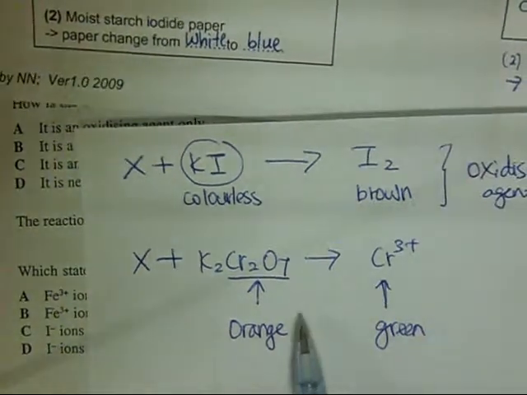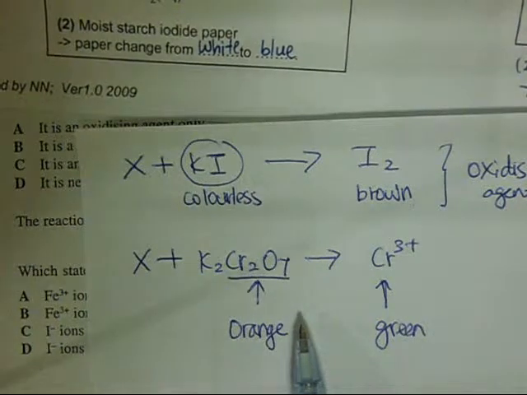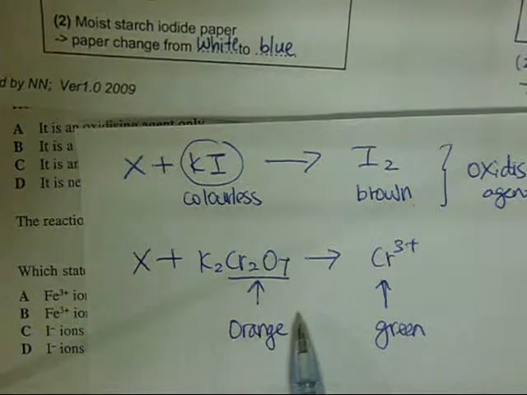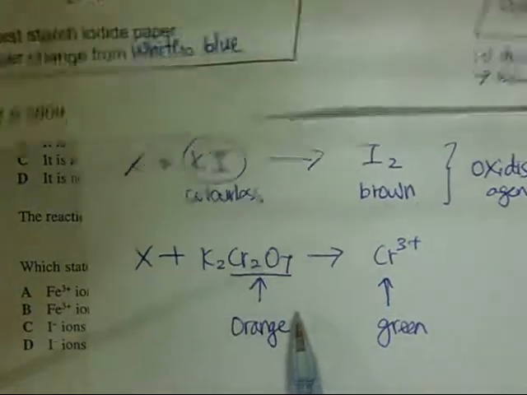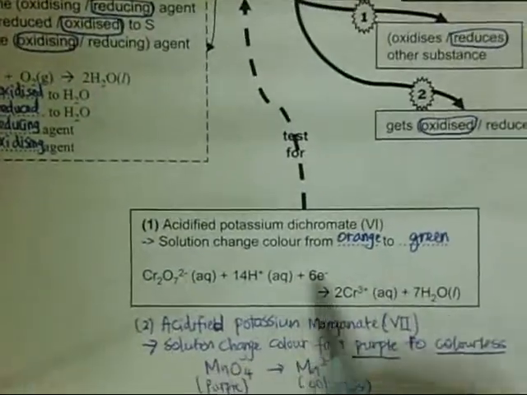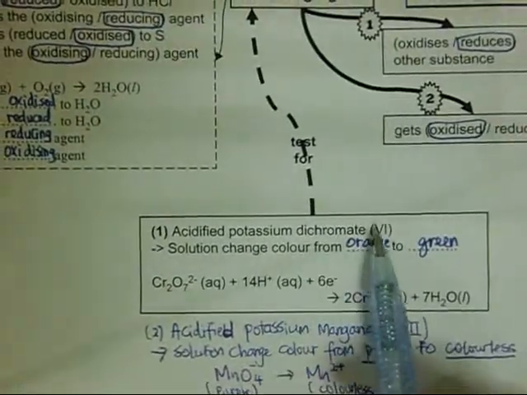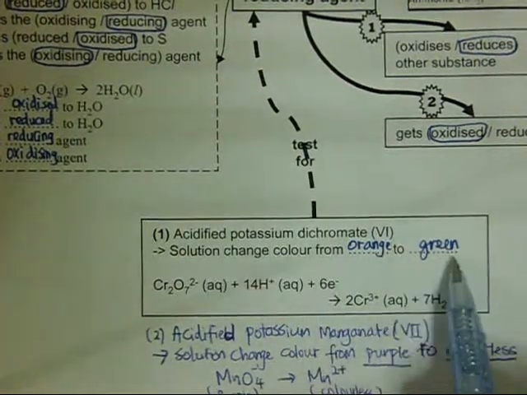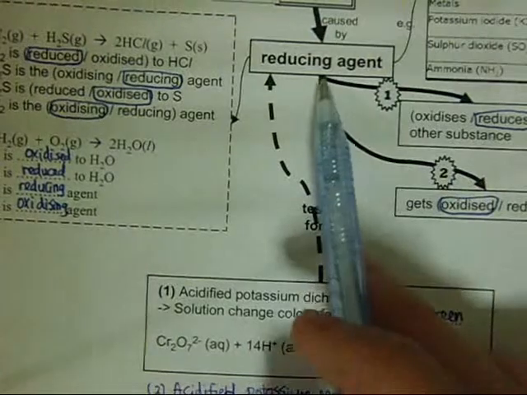And then the second part of the question says it changed the color of acidified potassium dichromate(VI) from orange to green. Now if you look at page 2 of your mind map, again you have acidified potassium dichromate(VI), and the solution changed color from orange to green, and it is used to test for reducing agent.